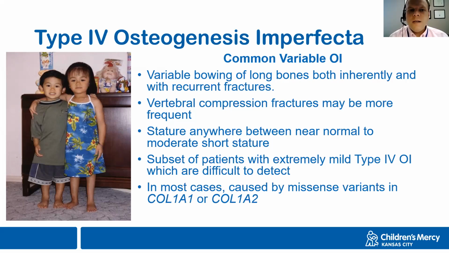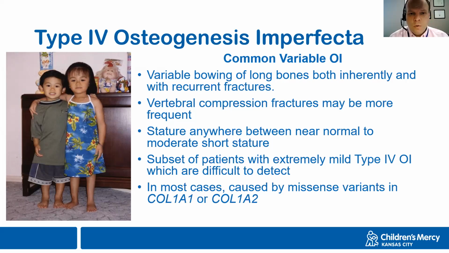And sometimes stabilization with things like intramedullary rods can be extremely helpful for these patients that have both a history of a lot of fractures and also a lot of inherent bowing of those bones. Vertebral compression fractures may be more frequent than in a patient with type 1. We have patients with type 4 OI who have maybe moderate short stature.